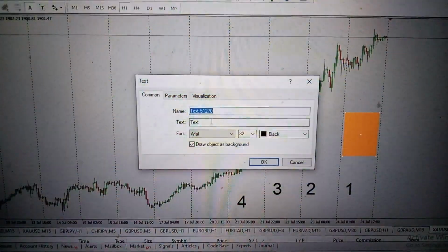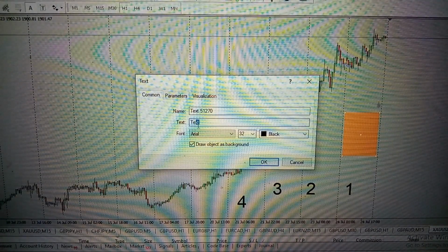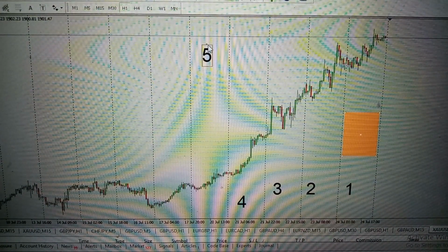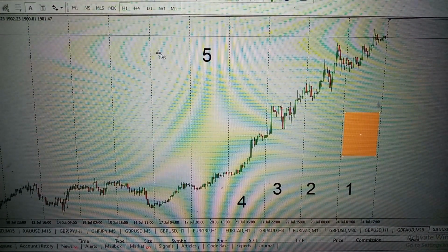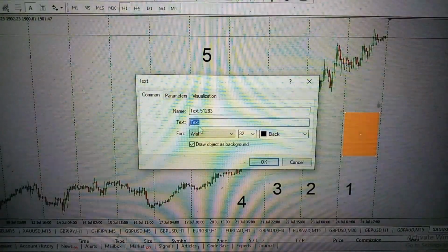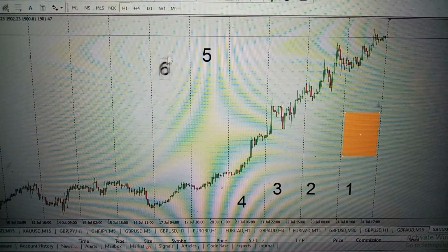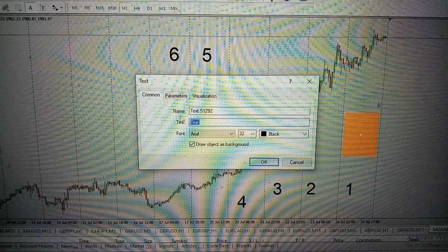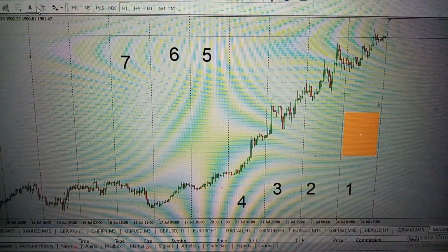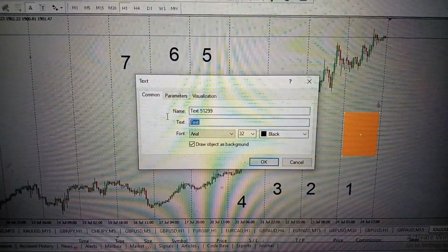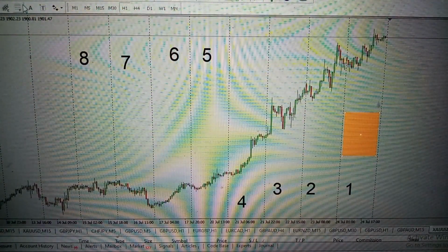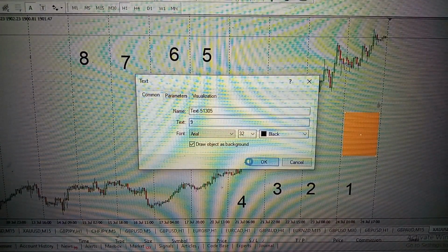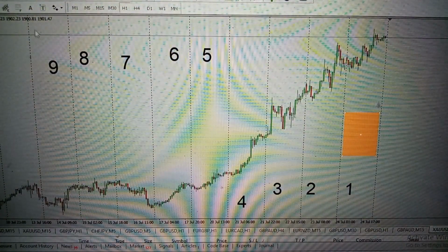Let me call this 5. I'm going to drag this to the middle. And this 6. Then I'm going to have number 7 here. And I'll have my number 8 around here, and the ninth day around here. And this will be my 10th day.